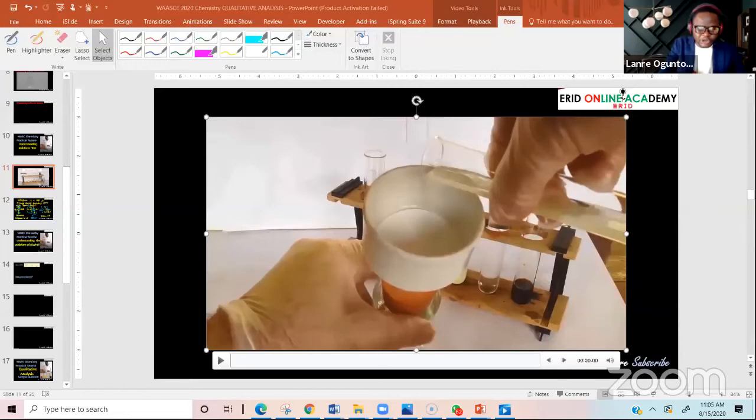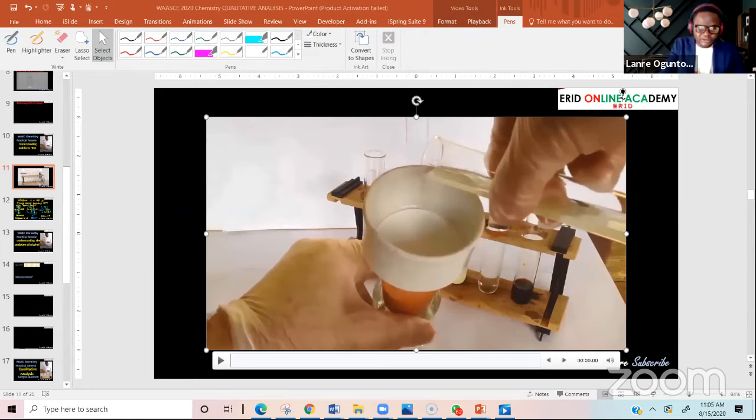Quickly respond. Question two: what is the formula for iodoform? That's question two. Then question three, we'll make it just three questions.